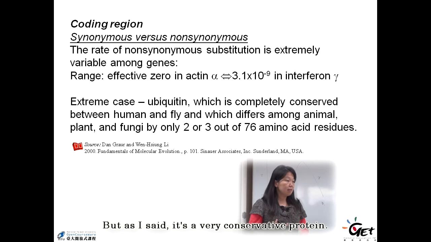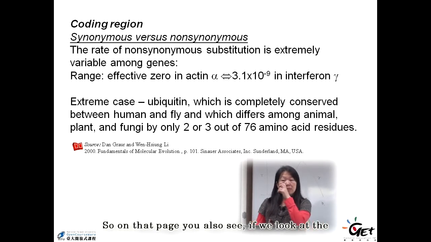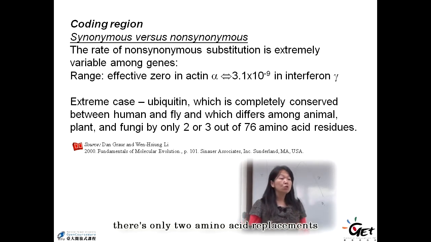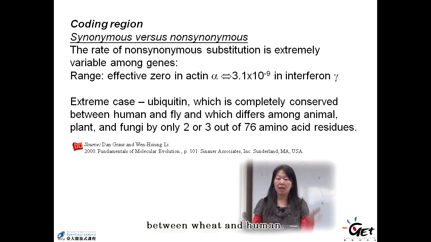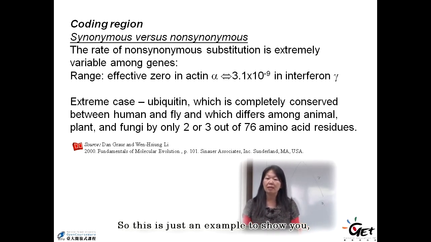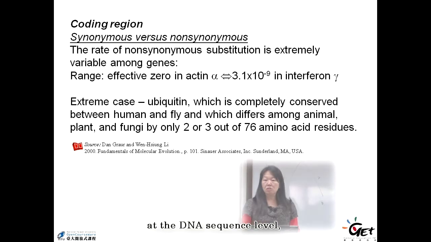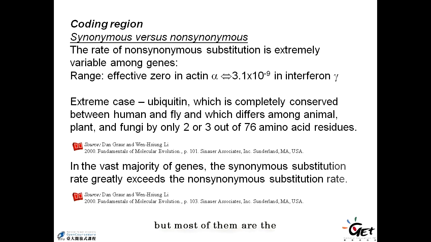But as I said, it's a very conserved protein. On that page, if we look at the amino acid sequence, there are only 2 amino acid replacements between wheat and human. This shows there are many changes at the DNA sequence level, but most of them are synonymous substitutions, and only a few are non-synonymous.